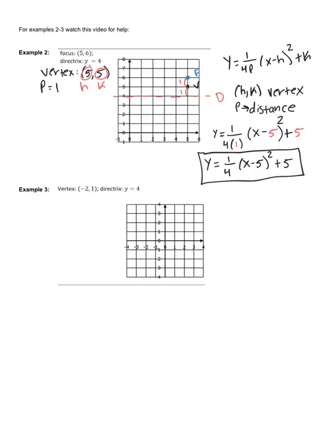Now, to graph the rest of this, a rule is that to find the other points away from the vertex, you are going to go a distance of 2p from the focus, moving left and right.